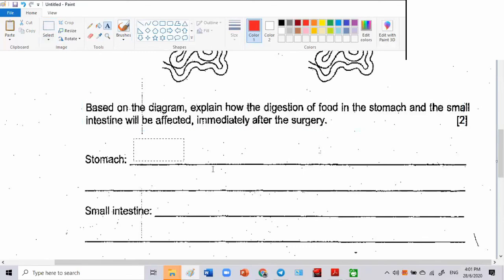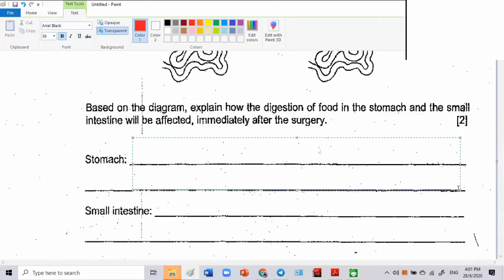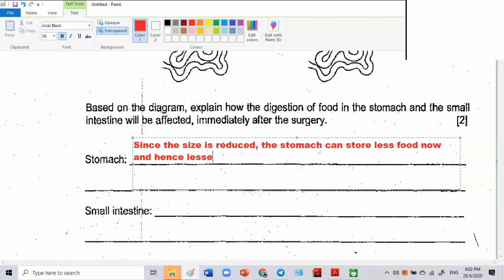We type this one first. As for the stomach, since the size is reduced, the stomach can store less food now, and hence lesser digestion takes place.